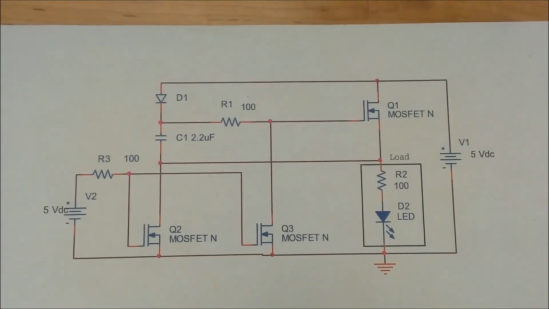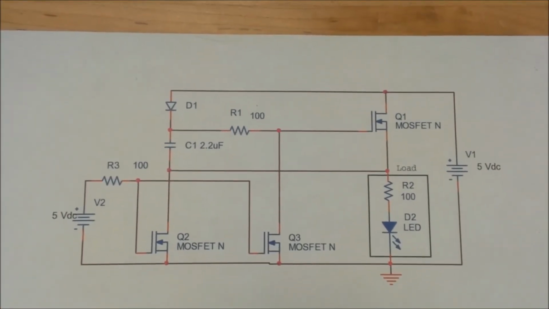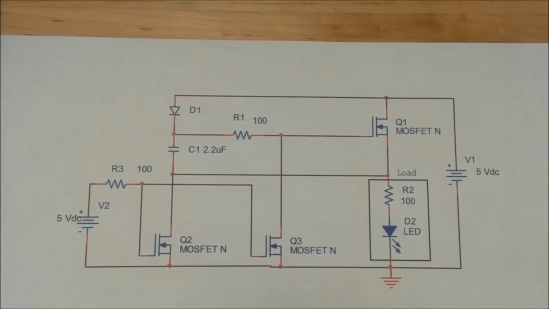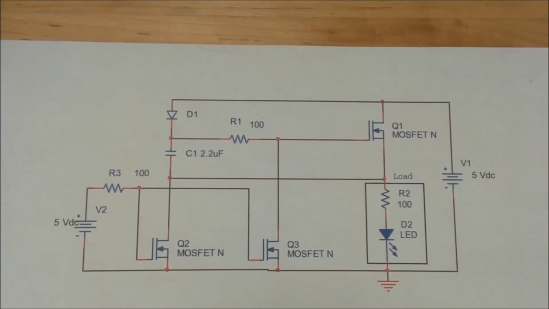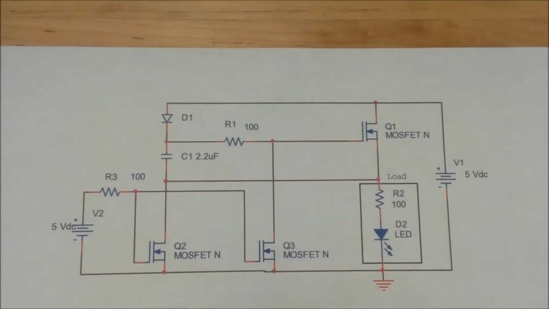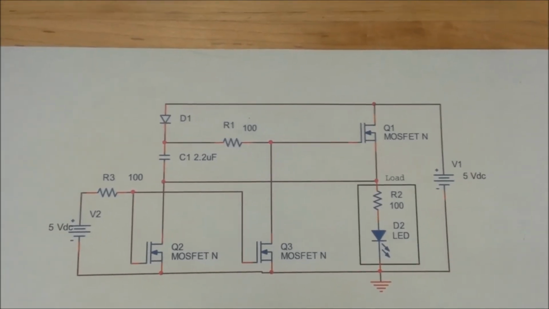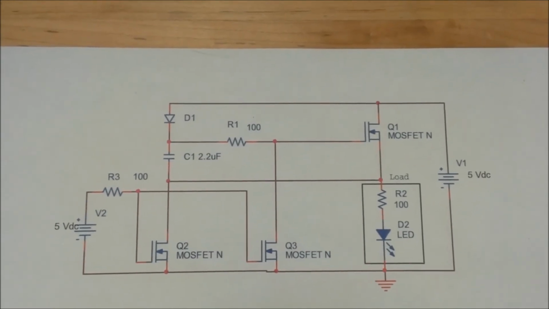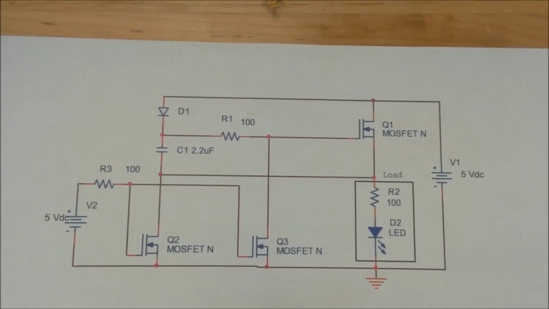So it's kind of a different configuration than some of the other configurations we've looked at, where you need a control voltage to turn the MOSFET or the switch on. In this case, you need a control voltage to turn it off.